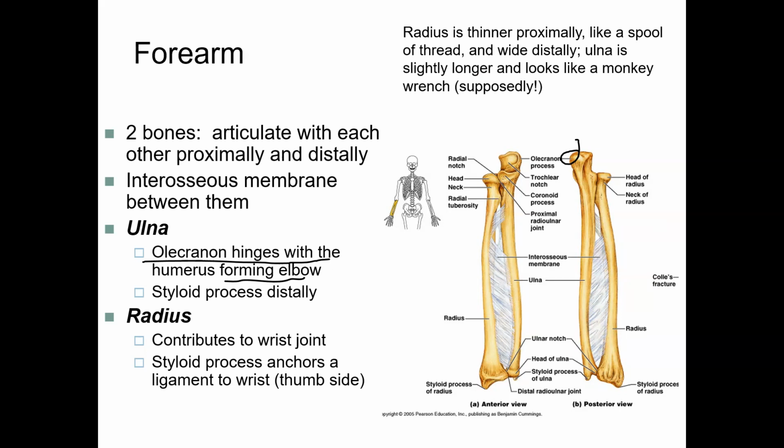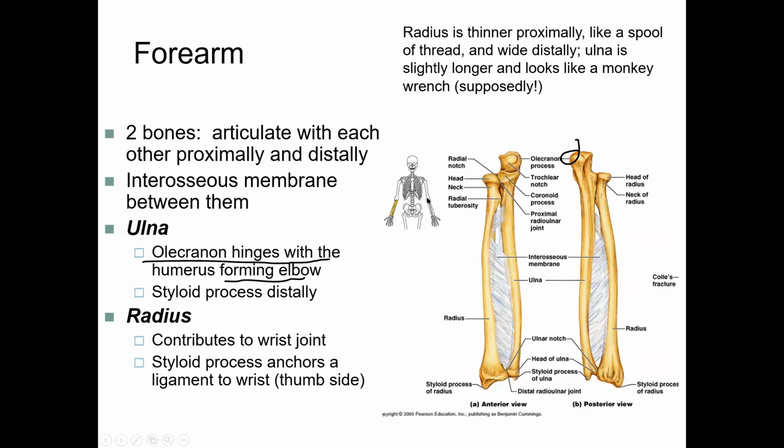Now, once again, we're most interested in aspects of these bones that are associated with joints. So the olecranon process and the trochlear notch and the coronoid process. Please ensure you can label these aspects of these bones because once again, they're close enough to be associated with the joint.